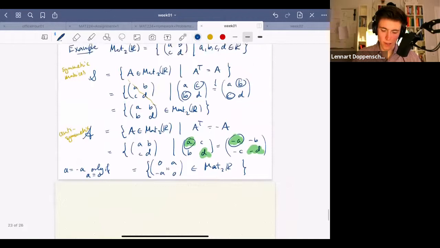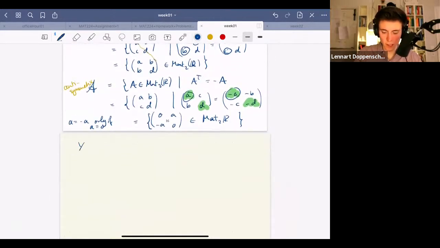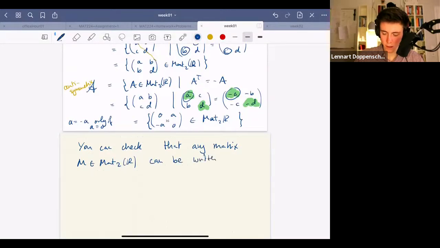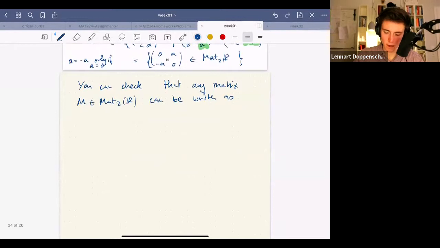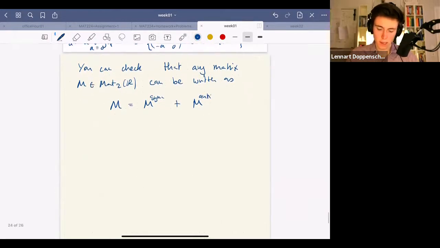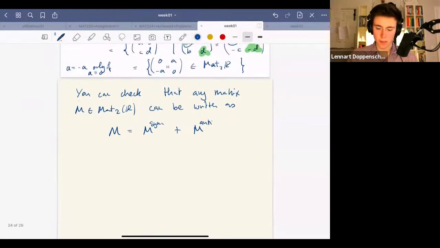Instead, let me just conclude that in this part, you can check that any matrix, let's say M in MAT2R, can be written as M equals a symmetric part plus an anti-symmetric part. So how do you do this?